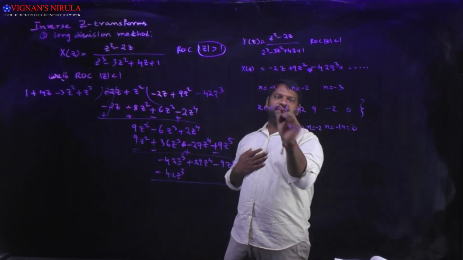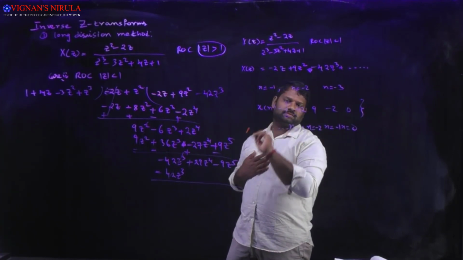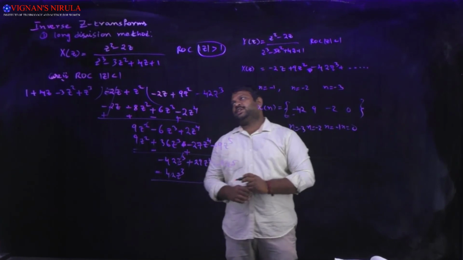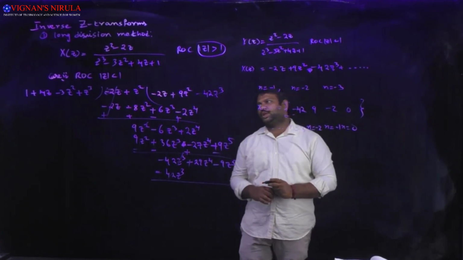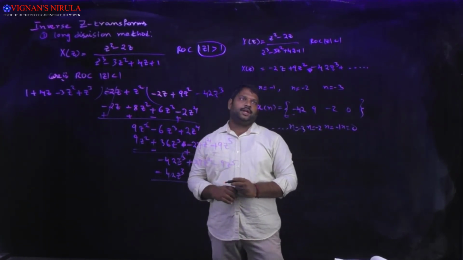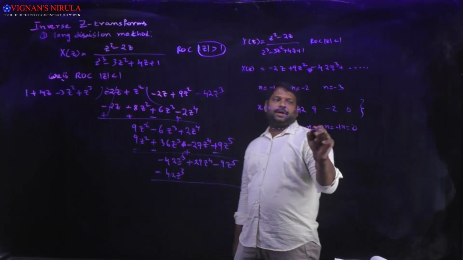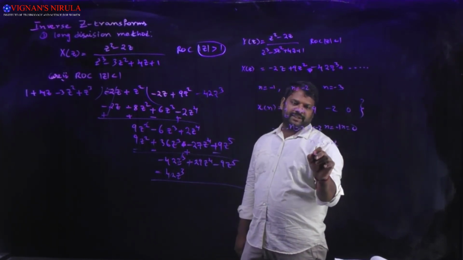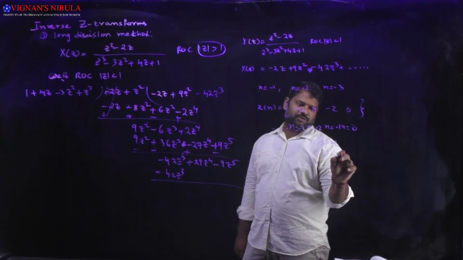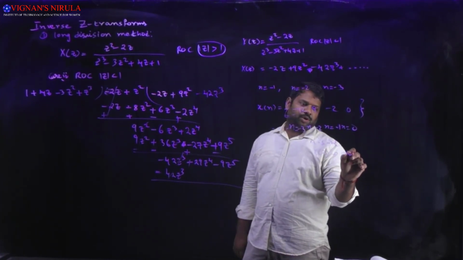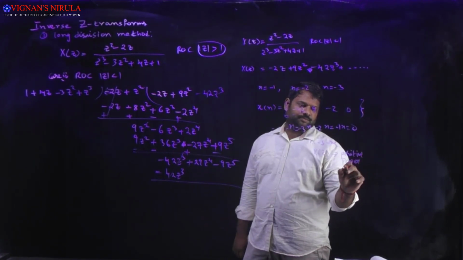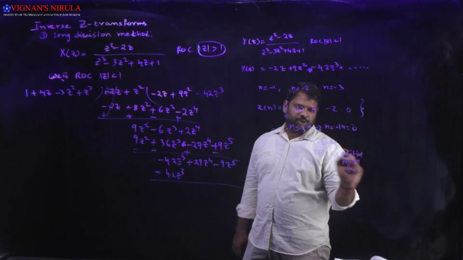It will be on this side, the negative. That's why it is a non-causal sequence, where the long division will be performed for mod z less than 1. Here n is negative, but x of z will be in positive powers of z.